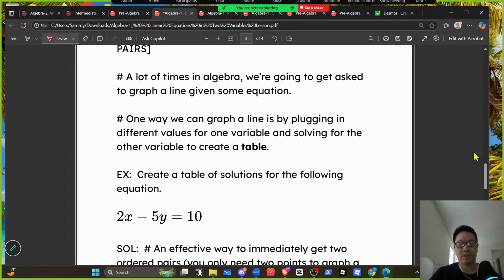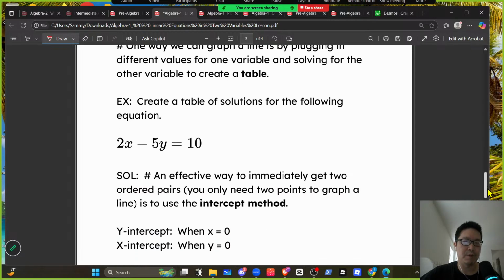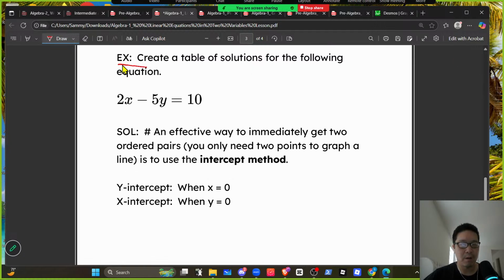For example, using the slope-intercept formula, which we're going to learn in, I think, our next lesson. That's a lot easier to create a graph. But the other way, in case you didn't know about the slope-intercept formula, would be to simply create a table. So here, we're asked to create a table of solutions for the following equation.